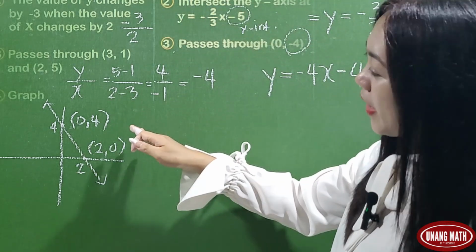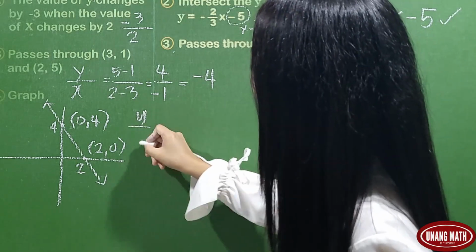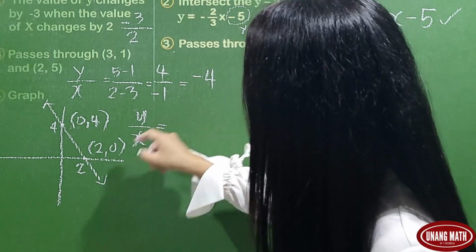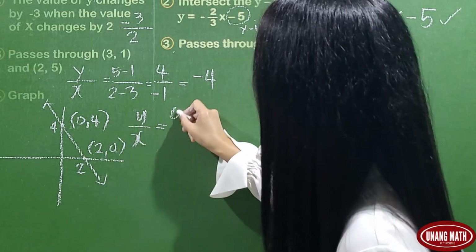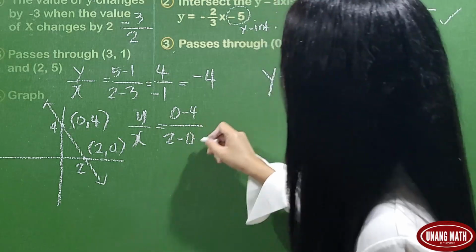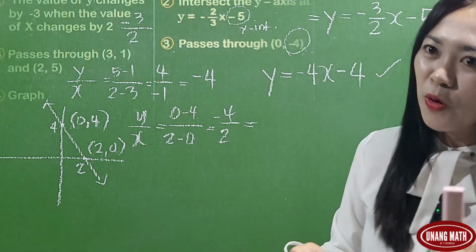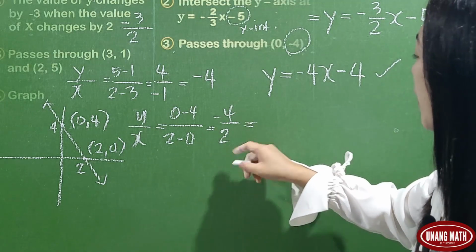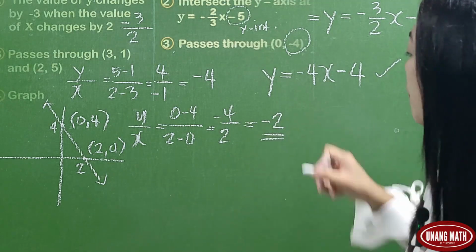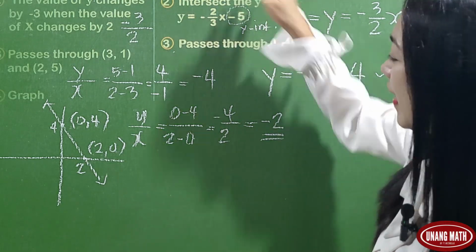So the slope is the ratio of the change in y over the change in x. So it means 0 minus 4 over 2 minus 0. And this is negative 4 over 2. So the slope now would be negative 4 divided by 2. So it means the slope is negative 2. Okay, what about the y-intercept?